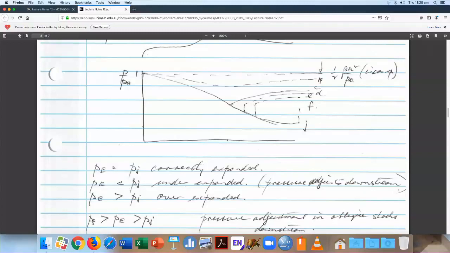So there is a normal shock at this Mach number that would produce this pressure here, and so a consistent picture would be an exit pressure PE equal to PF. You'd have a normal shock here.